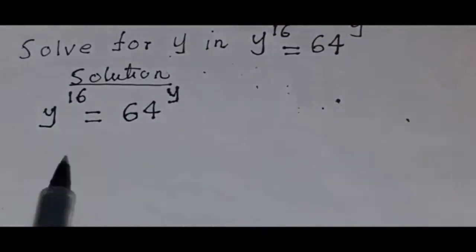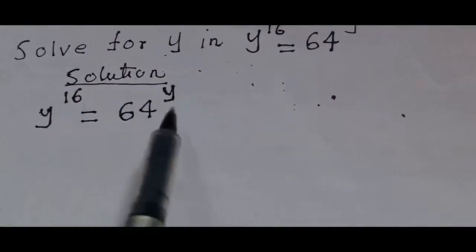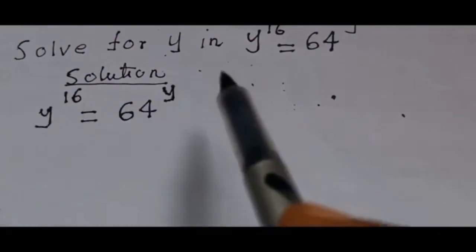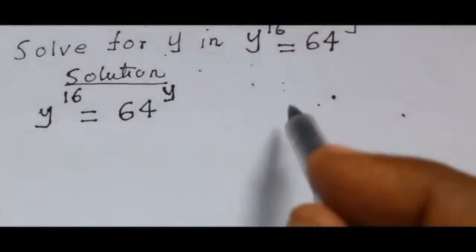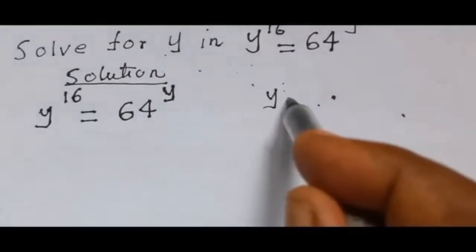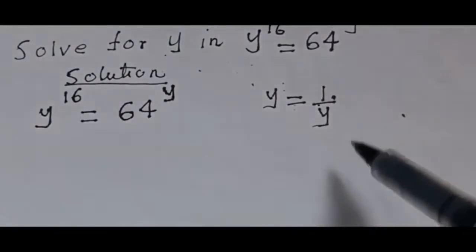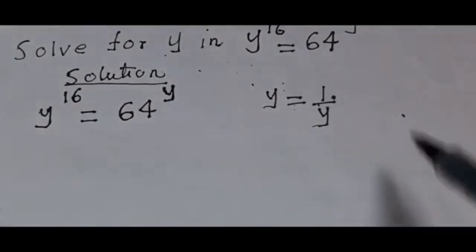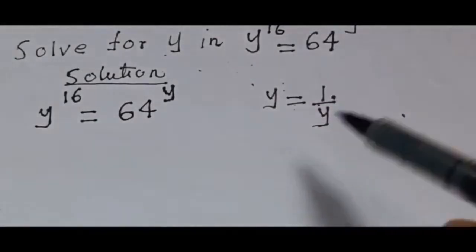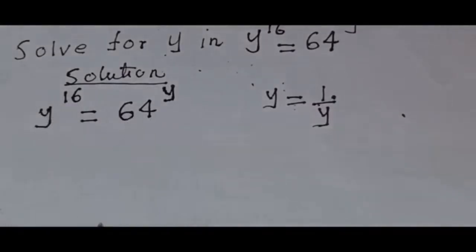Here, first of all, multiply both sides of the equation by the inverse of y. The inverse of y equals 1 over y. This is sometimes known as the reciprocal. So multiply by 1 over y both sides of the equation.